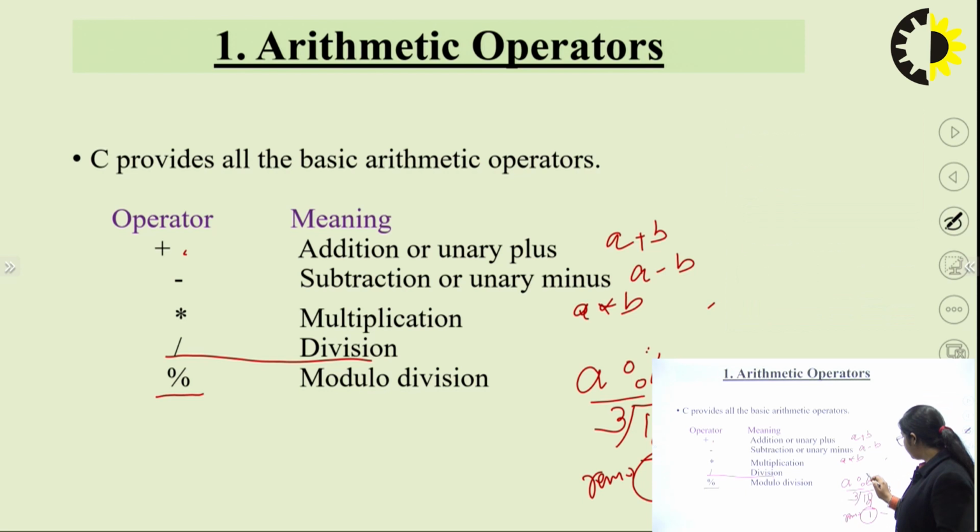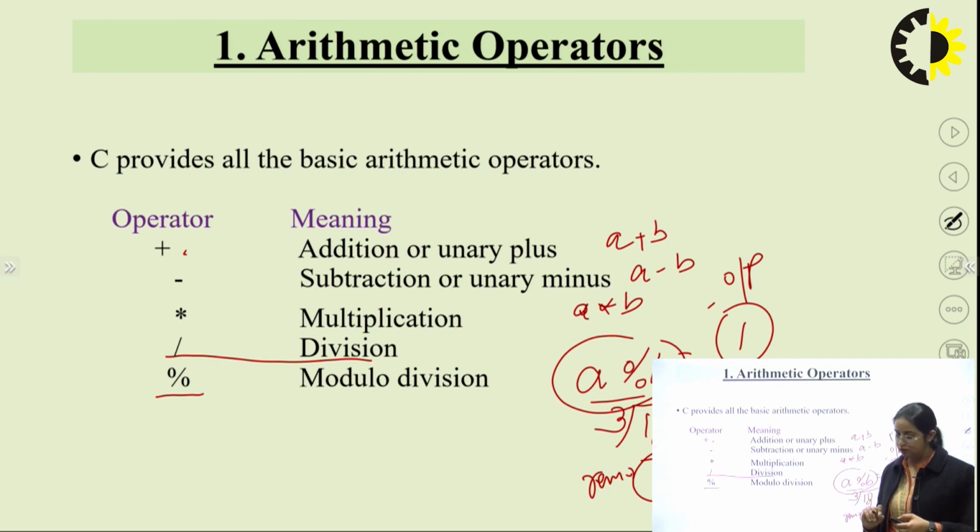After applying the modulo operator, it gives one result as the output. That means the remainder portion after division is the output of the modulo operator. I hope it is clear to all.